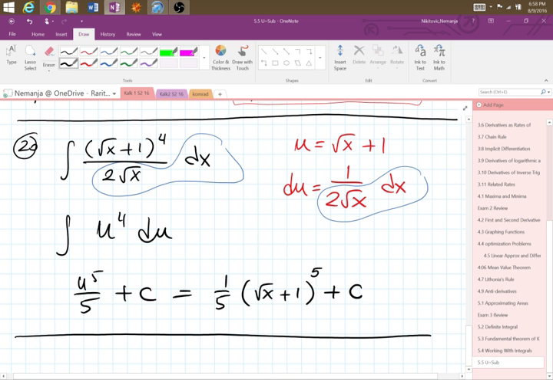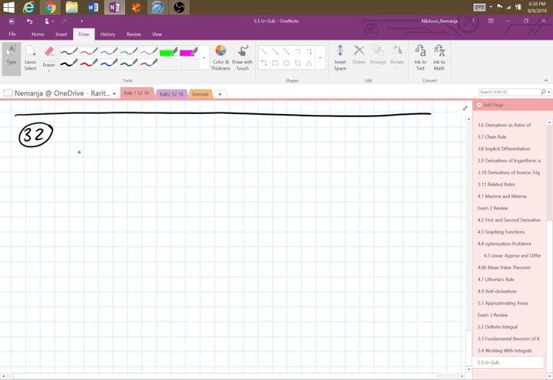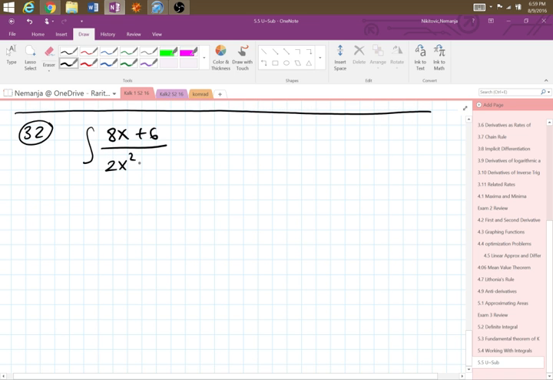One more. Integral of 8x plus 6 divided by 2x squared plus 3x, everything dx.